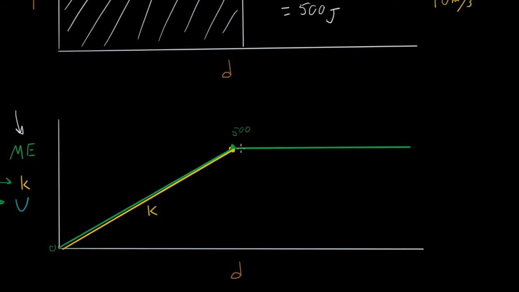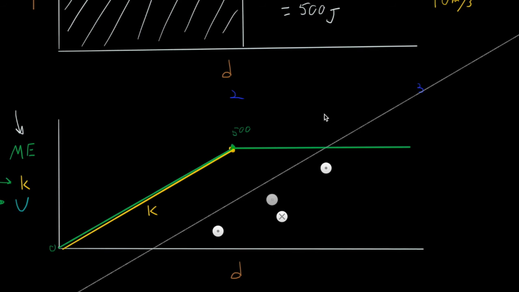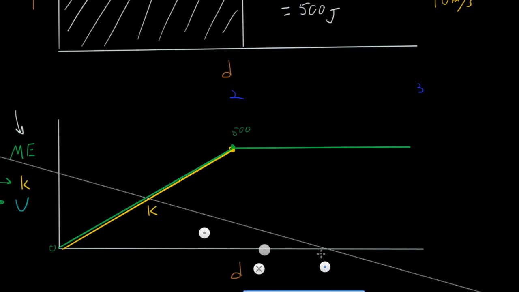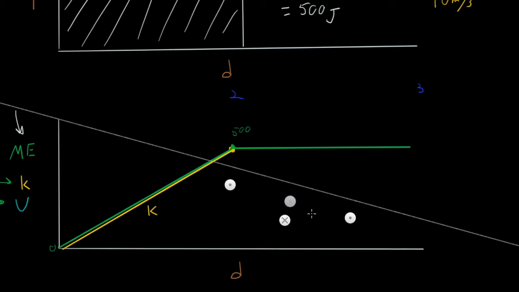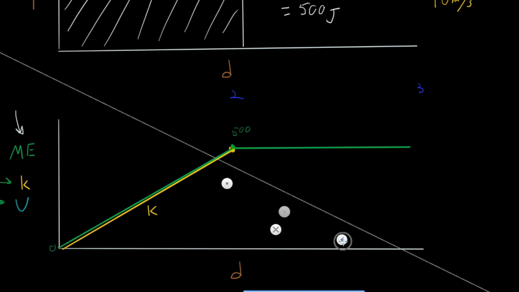So between points 2 and 3, let's write these down here. This is point 2, this is point 3, all the way over on the end. Between points 2 and 3, my kinetic energy begins to go down. I'm going to slow down as I go up this slope. And I'm going to slow down at a linear pace. So let's put this straight edge up here.